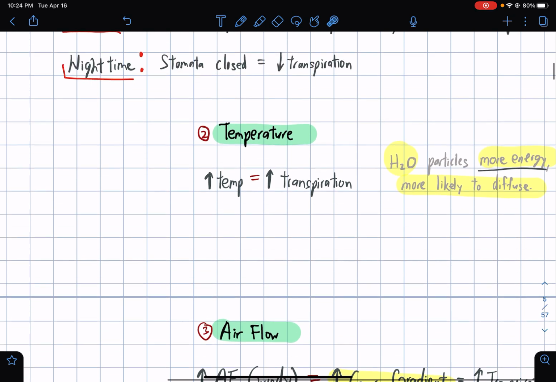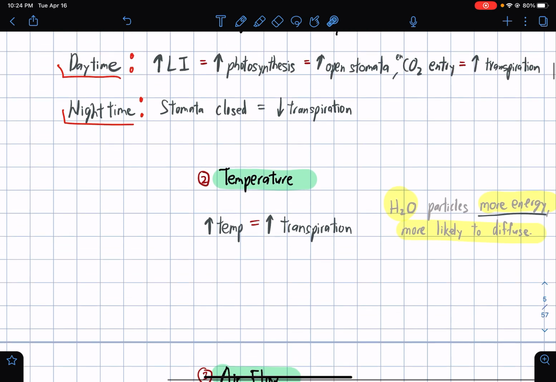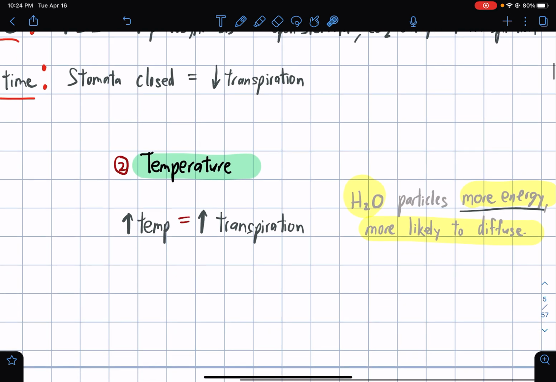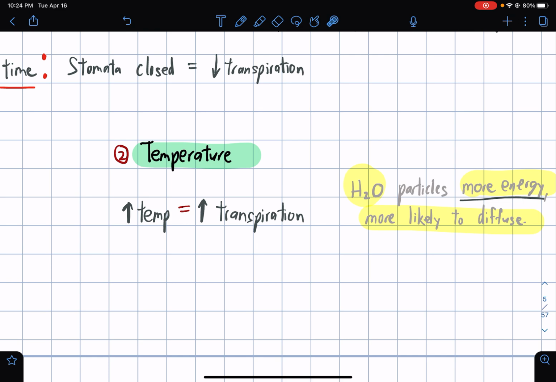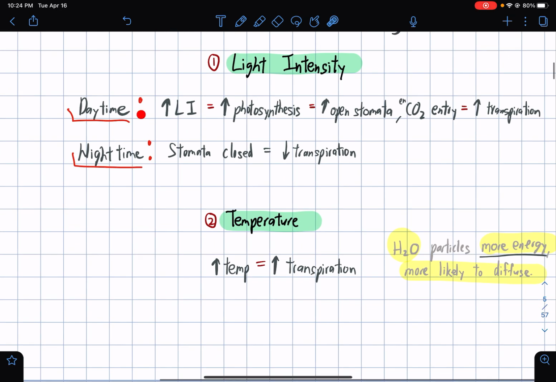For temperature, the higher the temperature, the higher the rate of transpiration. Water particles, if they have more energy, are more likely to diffuse. What I wrote in my reviewer is kind of confusing, but I think it makes sense. If the temperature is higher, it's related to daytime.